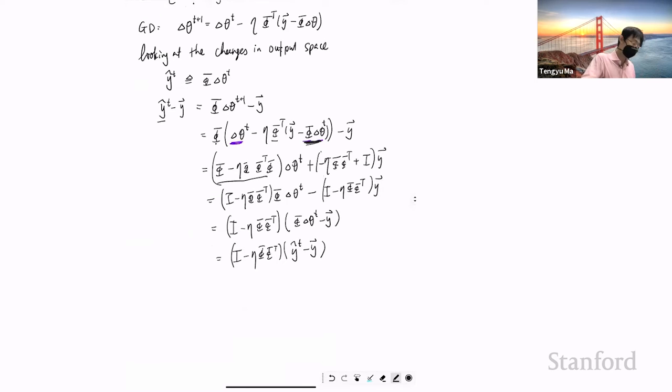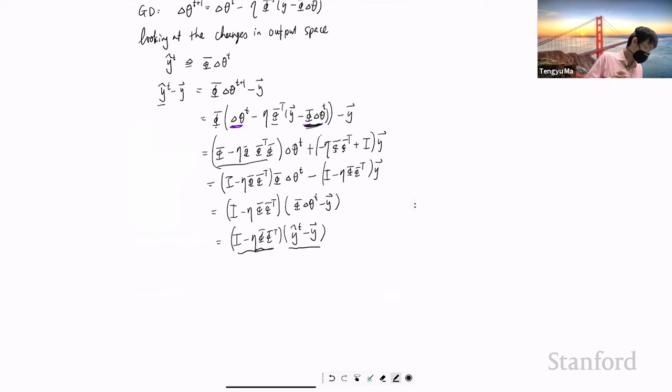And you can see what happens is basically the residual in the previous round got multiplied by this matrix. This matrix is smaller than identity because you have I minus something, and this something is a PSD matrix. So you are shrinking your residual in some way every time, and you can quantify how fast you are shrinking.